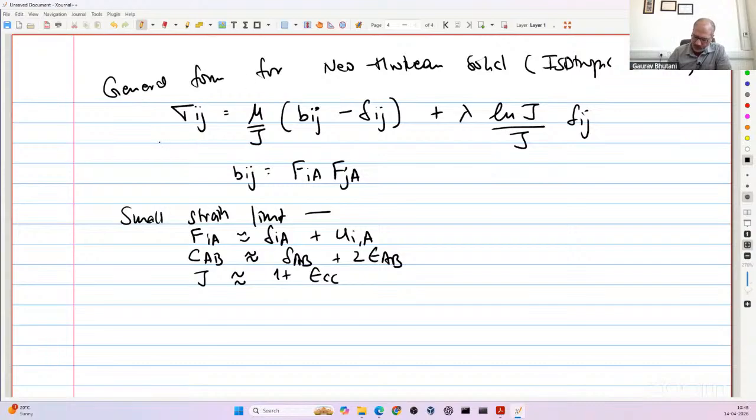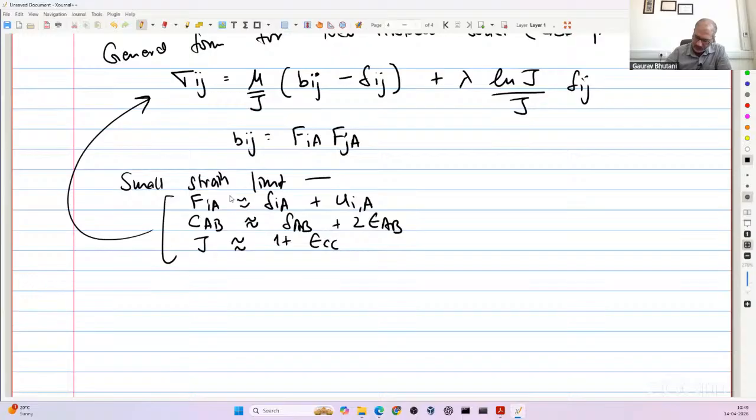So what we do now is we substitute these into this sigma. So our sigma_ij becomes mu upon 1 plus epsilon_kk.